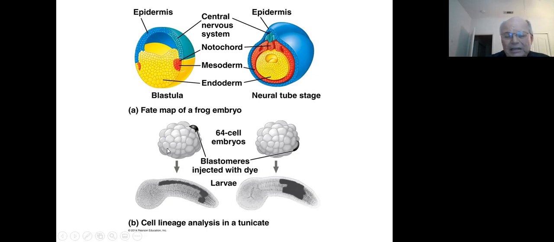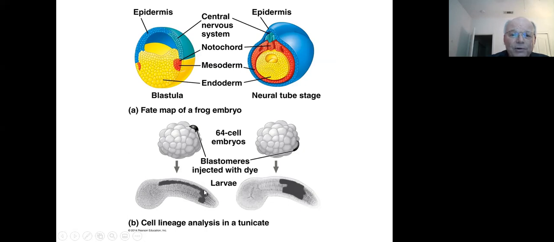This was probably a little bit past the morula stage. It probably has a blastocoel, a developing blastocoel on the inside. In this particular situation, the dye has been injected into this cell only. And all the daughter cells of this cell receive a portion of the dye because it's incorporated into the cytoplasm.